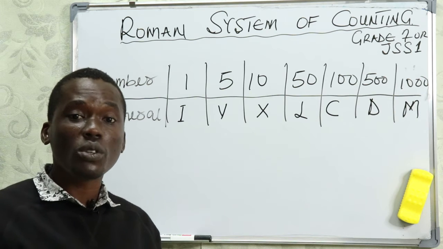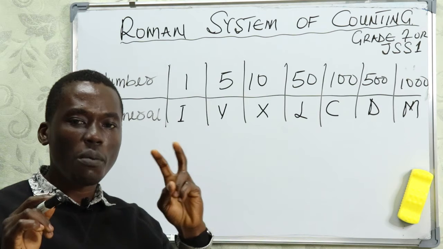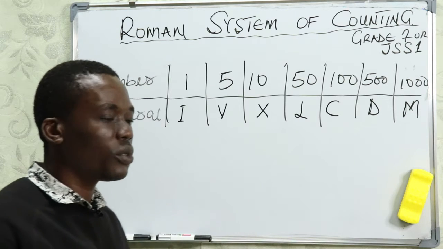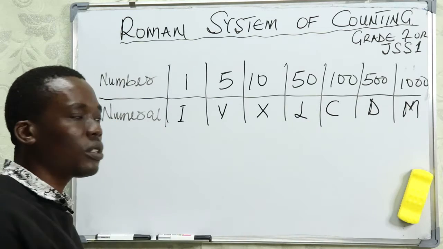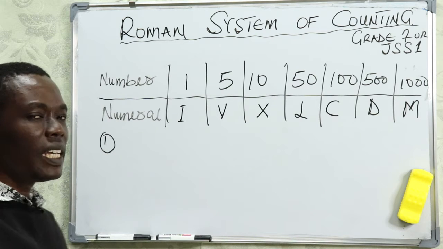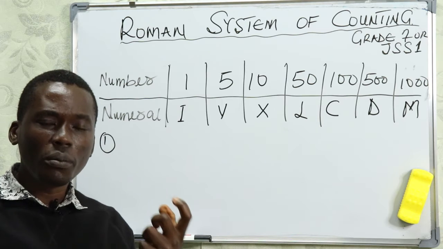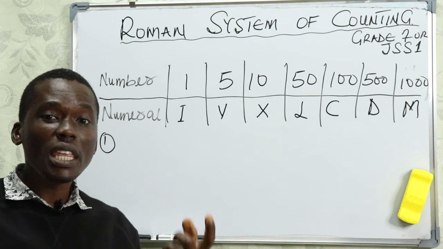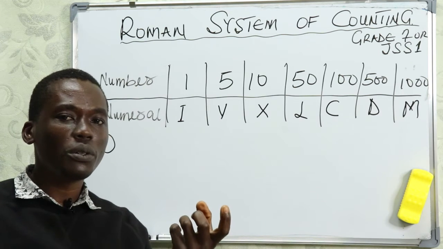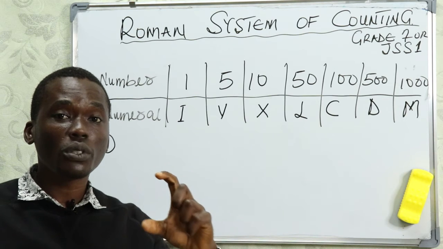But as you go about solving questions on Roman numerals, I want you to note these 2 key points. When you are forming complex Roman numerals, you should note, number 1, that when you have a smaller numeral coming behind a larger one, you have to subtract.